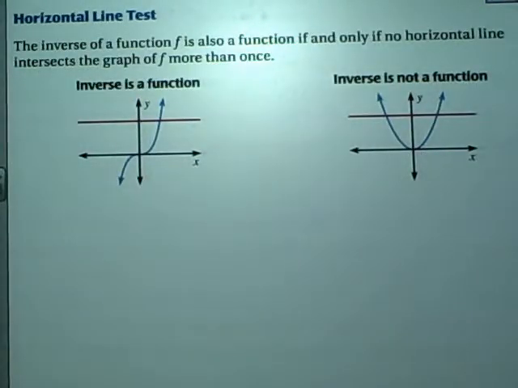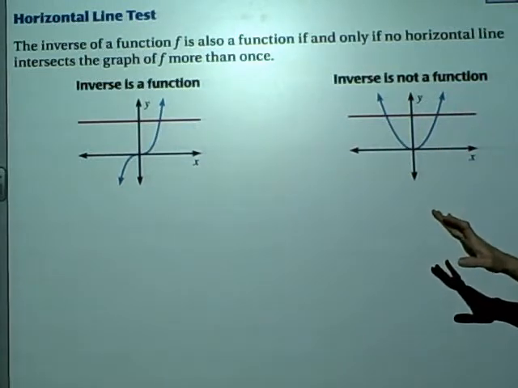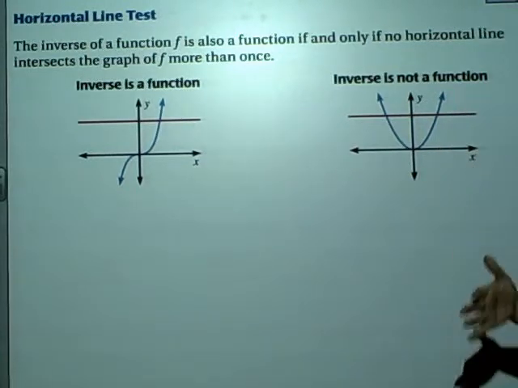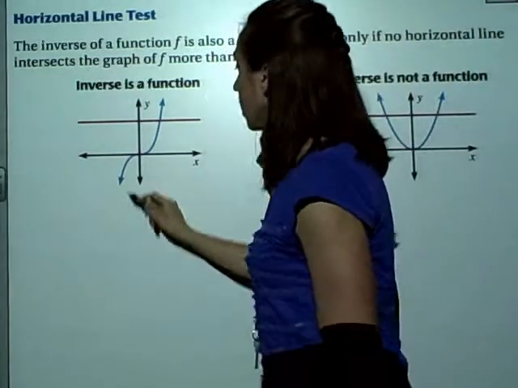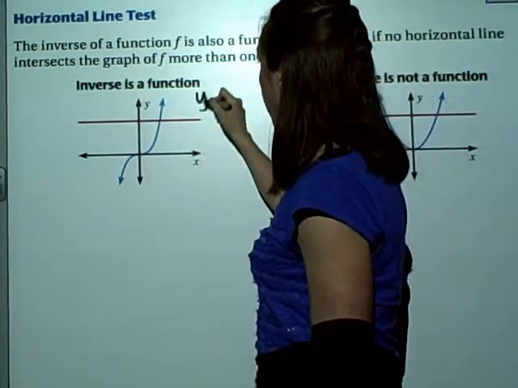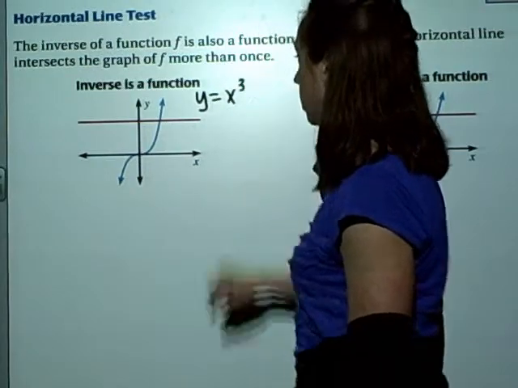Now, we talked about how the way to check if an actual function is a function is the vertical line test. When you do a horizontal line test on a function, it'll tell you if the function's inverse is a function. Okay, so for example, this is an example of y equals x cubed.